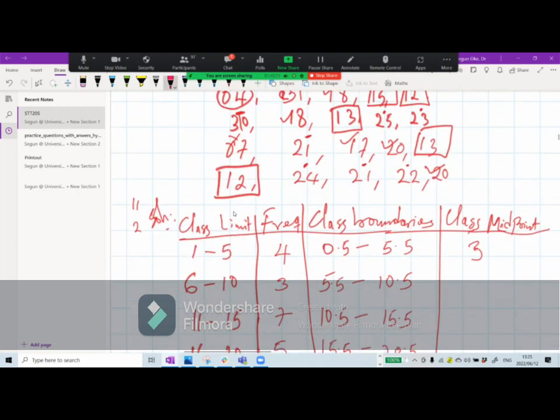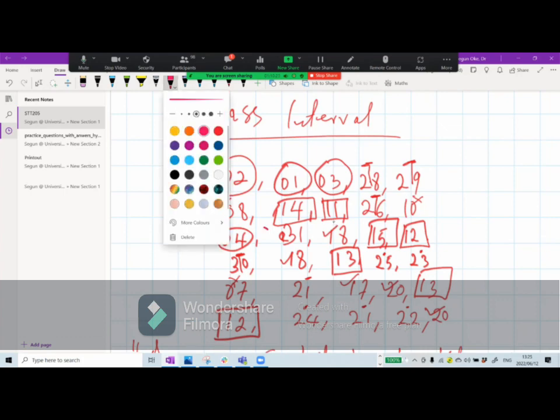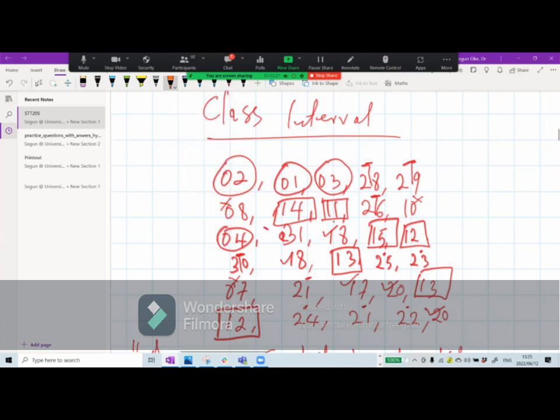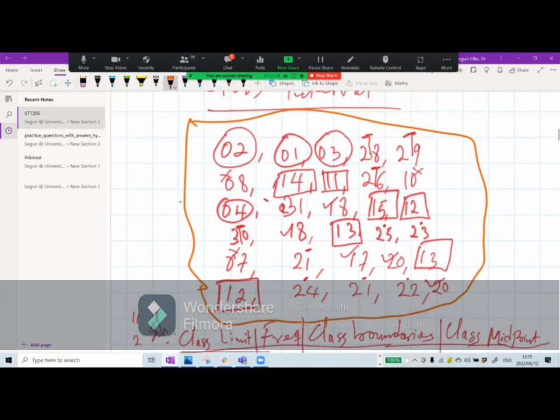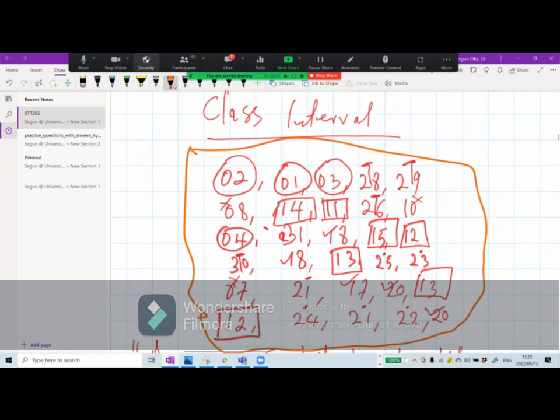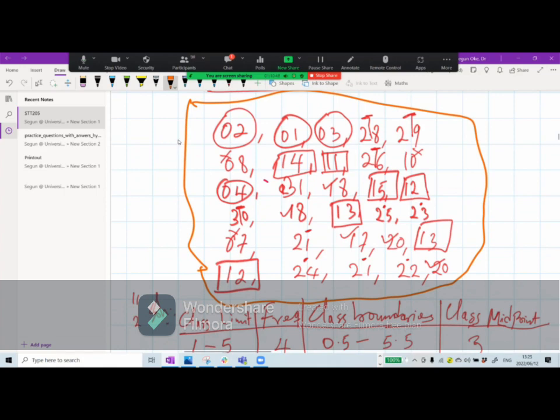Now, class limits, you create a range from 1 to what is the highest value in this case? Let's look at this class interval. What is the highest value here? The highest value, anybody? 29. 31. 31 is here.